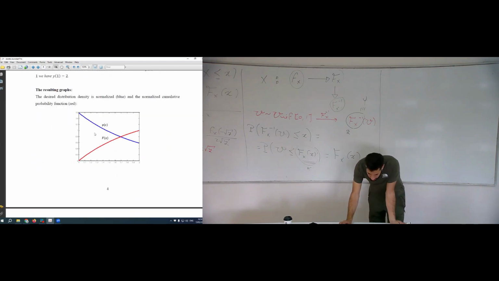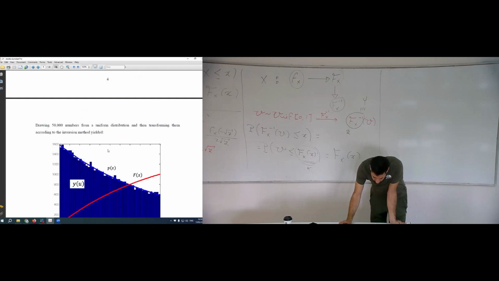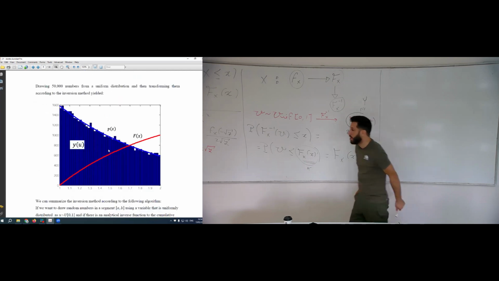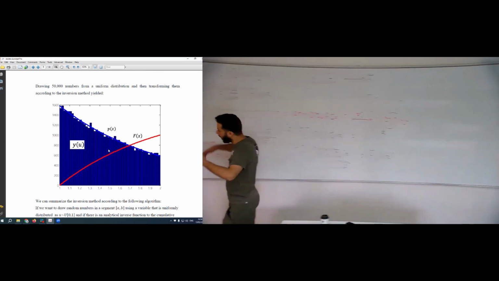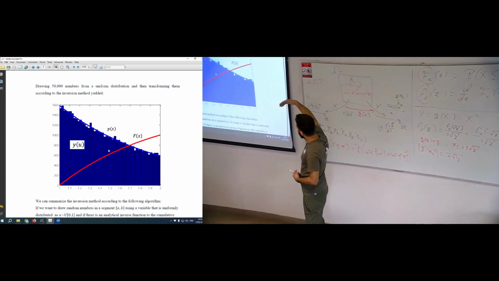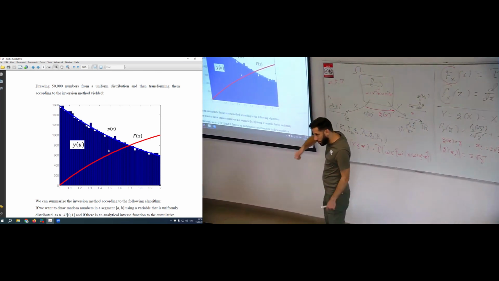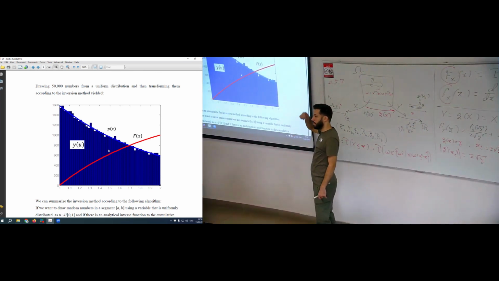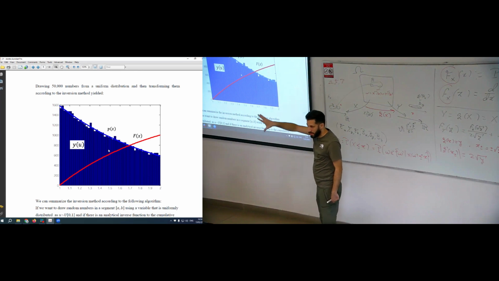And here are the graphs of p, for example, and F. Not important, but this is important. So if I take my way and produce u, find F minus 1 of u, that is x, and write down that x.